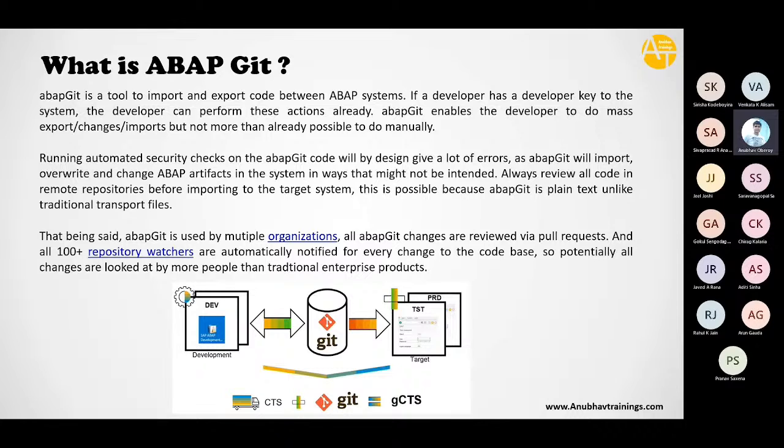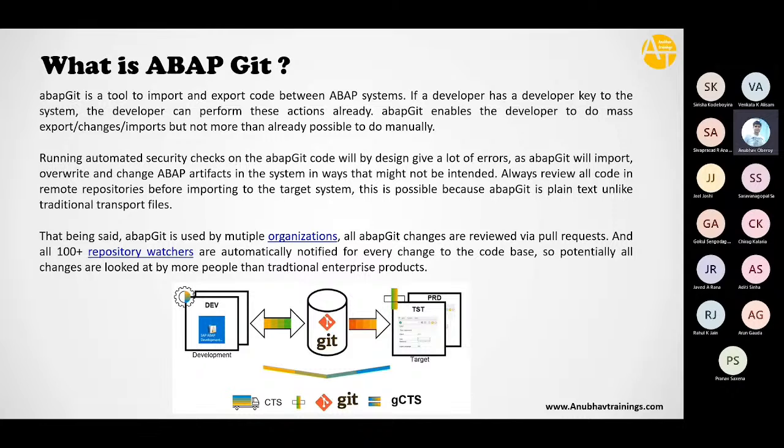Running automated security checks on the ABAP Git code will by design give a lot of errors, as ABAP Git will import, overwrite, and change ABAP artifacts in the system in ways that might not be intended. So always review all your code in the remote repository before importing it into the target system.